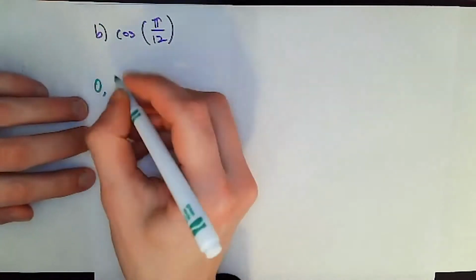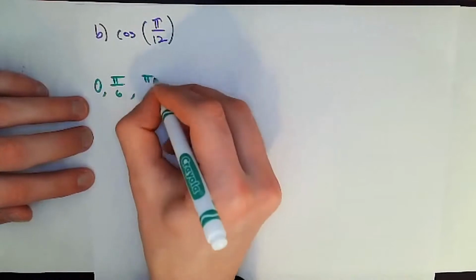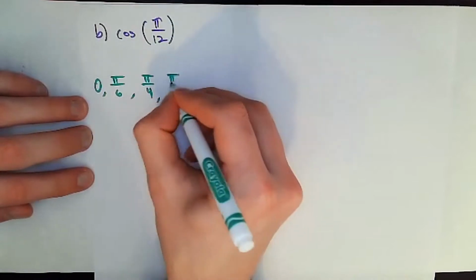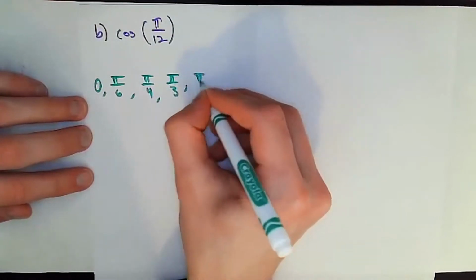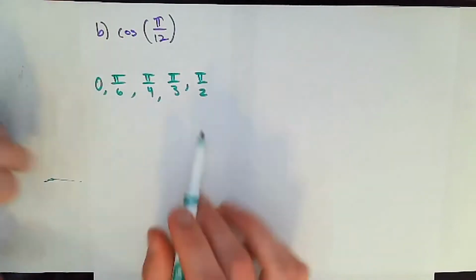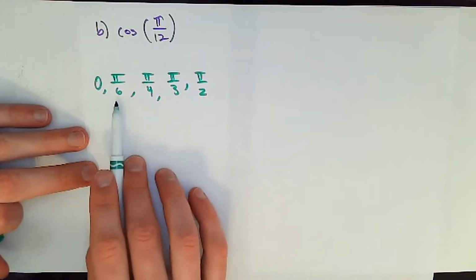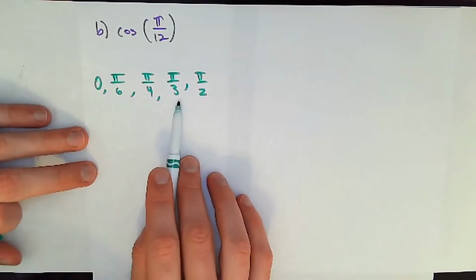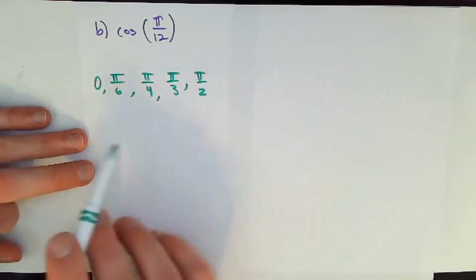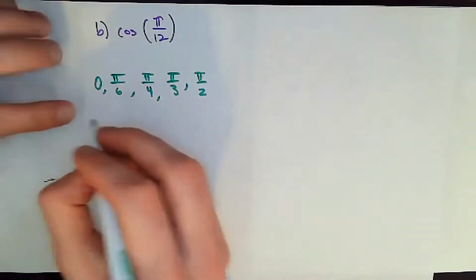Well, you've got 0, pi on 6, pi on 4, pi on 3, pi on 2. Those are the ones in the first quadrant. This is on the axis, right? So these three, this is the x-axis, and then these three in the first quadrant, and then that's the positive y-axis, and then I could go into the second quadrant, but, well, okay, sure.